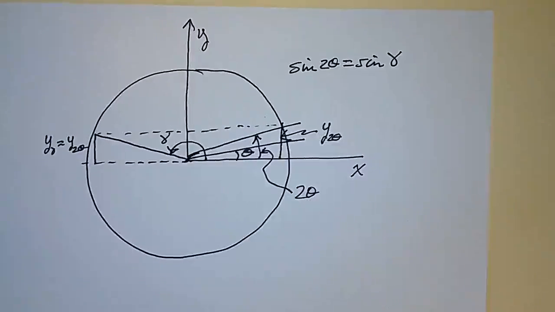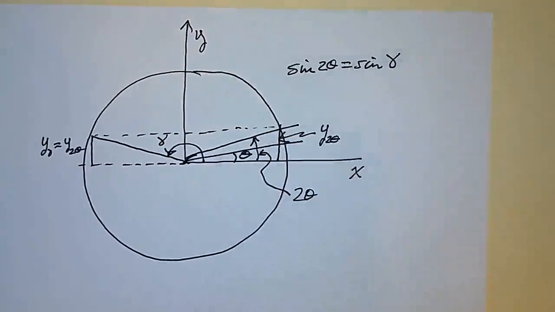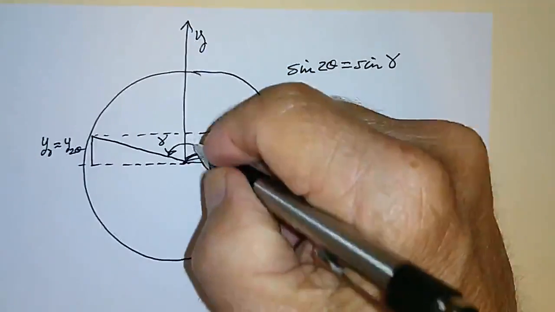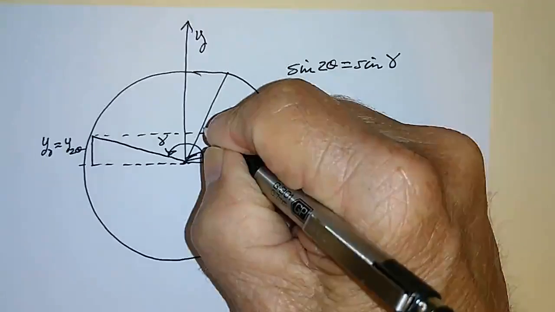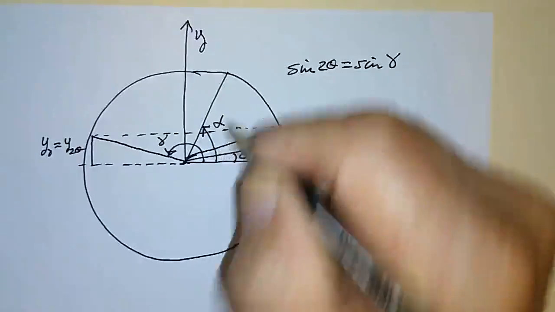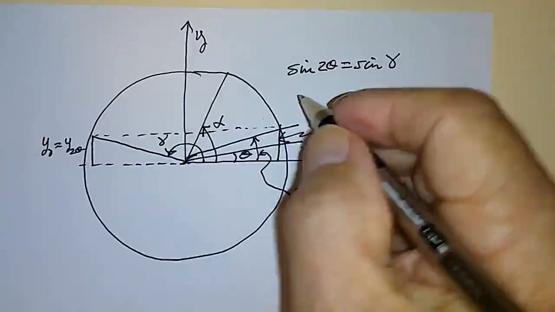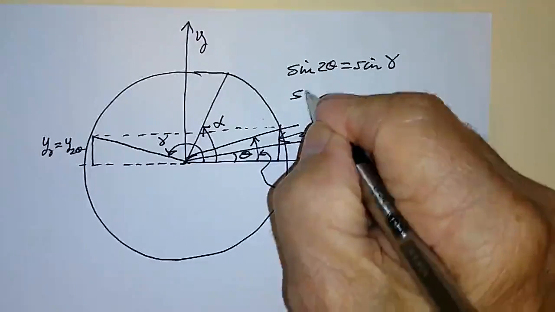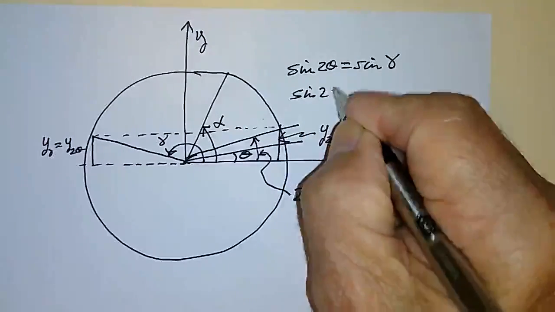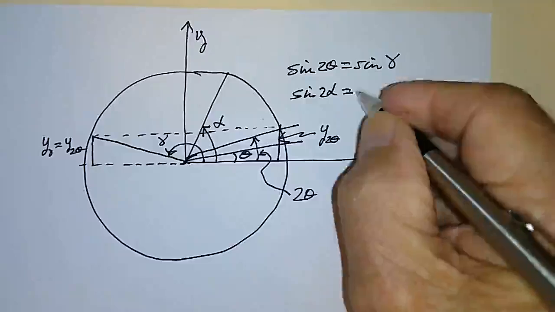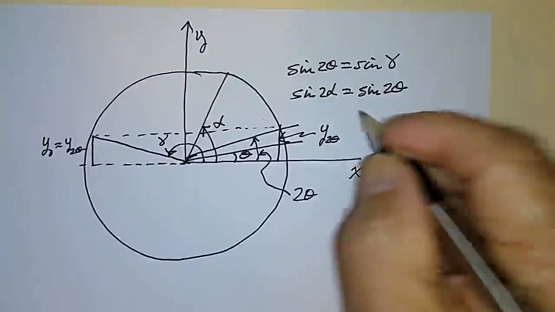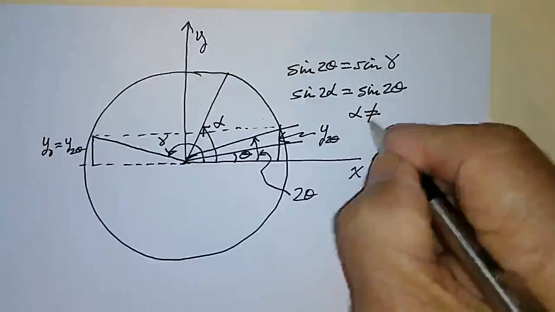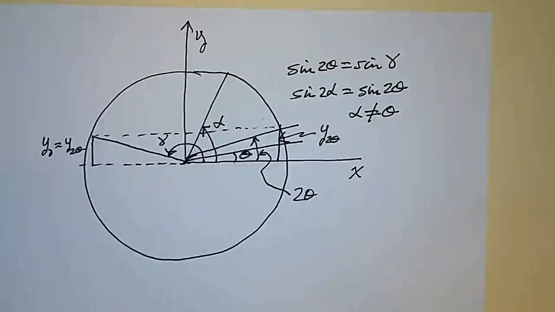And what I'd like to find is some angle alpha in the first quadrant. This is angle alpha, such that the sine of 2 alpha is equal to the sine of 2 theta, where alpha is not equal to theta.